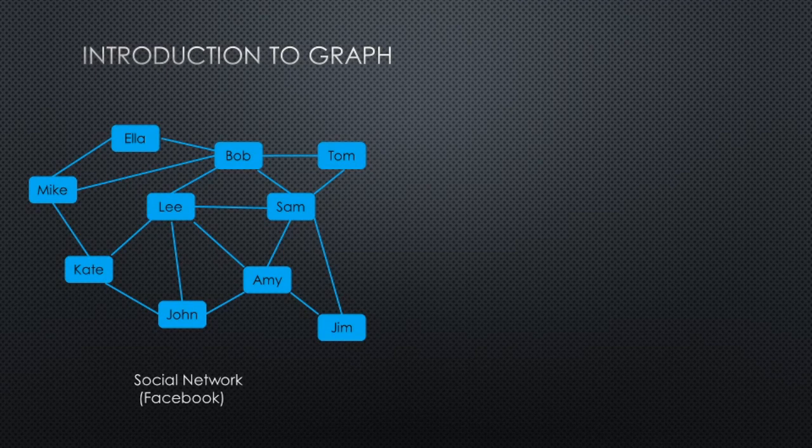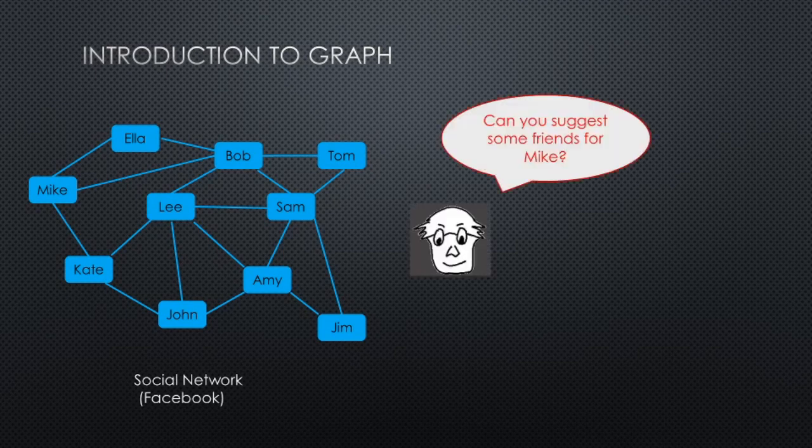Now, once a system is modeled as a graph, a lot of problems can be solved by applying standard algorithms in graph theory. Like here in this social network, let's say we want to suggest friends to a user. Let's say we want to suggest some connections to Mike. One possible approach is suggesting friends of friends who are not connected already. Mike has 3 friends, Ella, Bob, and Kate, and friends of these 3 that are not already connected can be suggested.